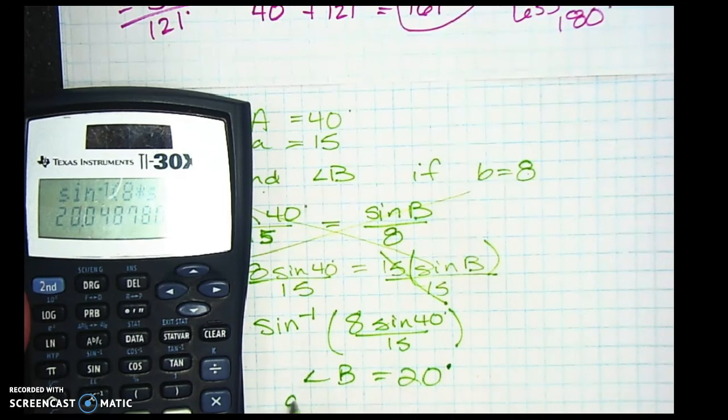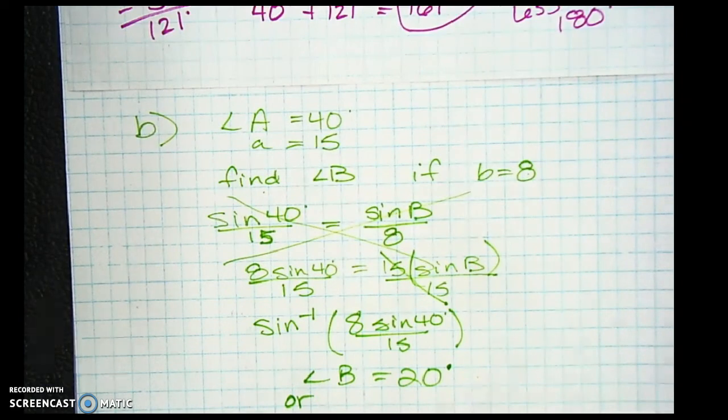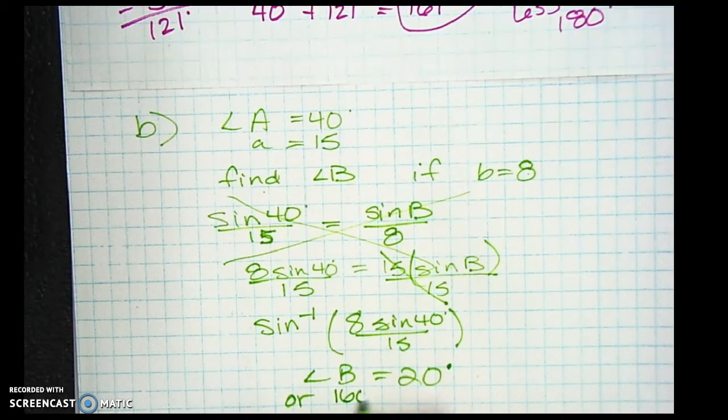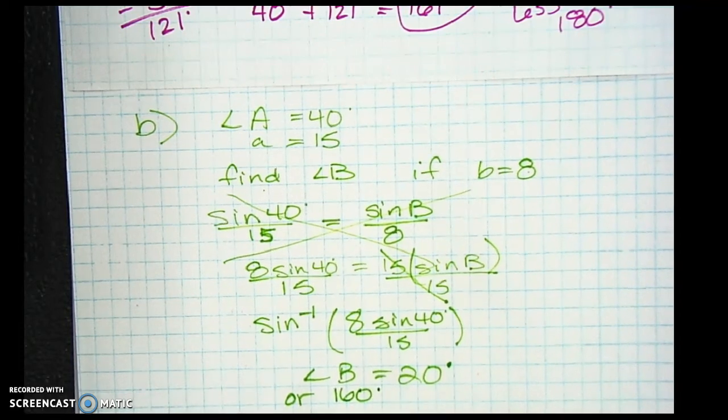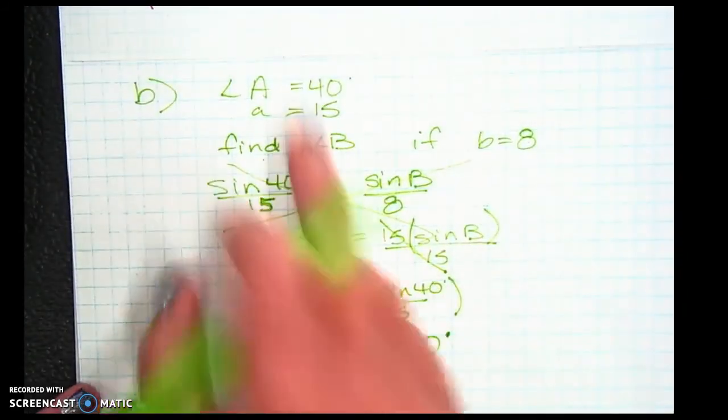Or it could be what? Right? If you subtract 20 from 180, what do you get? 160. So the original angle was what? Angle A was 40.